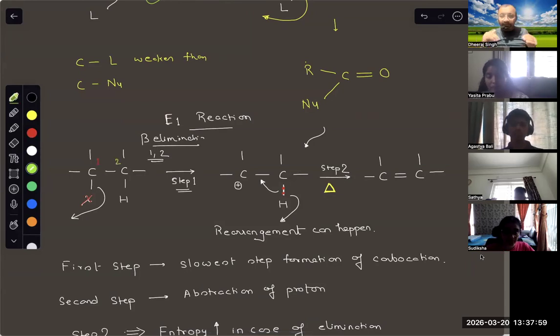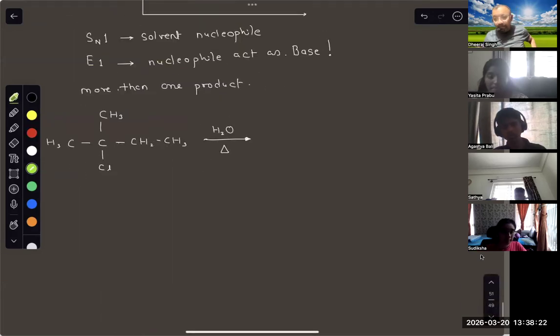It's not that the leaving group and hydrogen are attached to the same carbon. They are attached to two adjacent carbons. From one carbon the leaving group comes out, from the other carbon hydrogen comes out. That is why it is called beta or 1,2. There are 1,1 elimination and 1,3 elimination also, but we will focus on 1,2 elimination only because that happens in the majority of cases. Have you drawn?